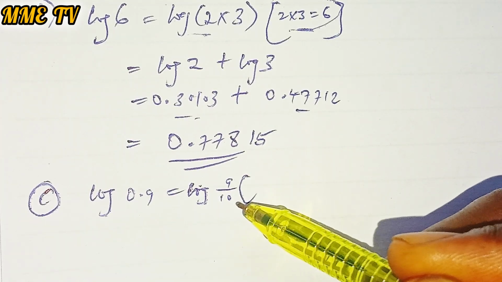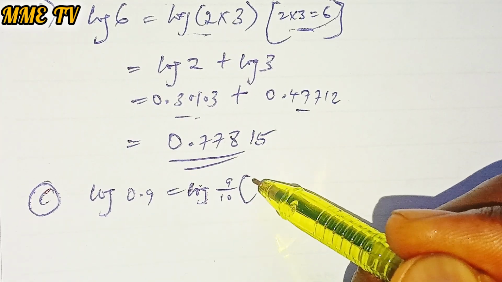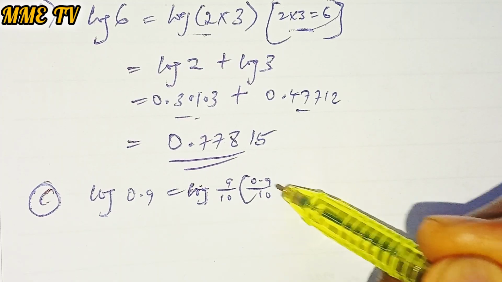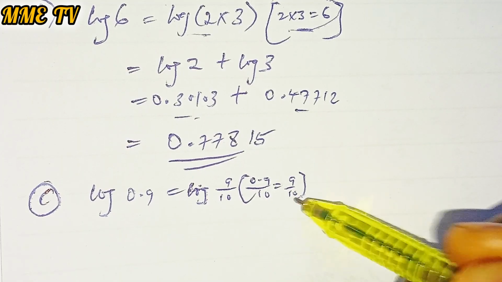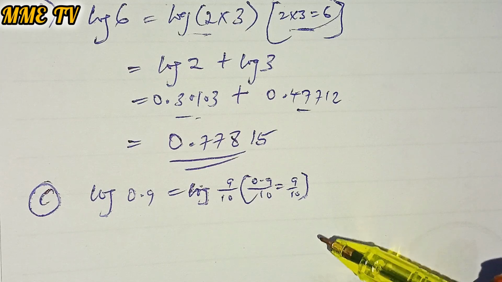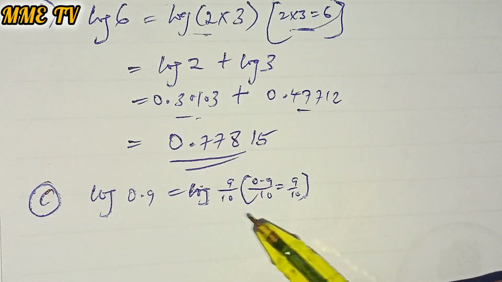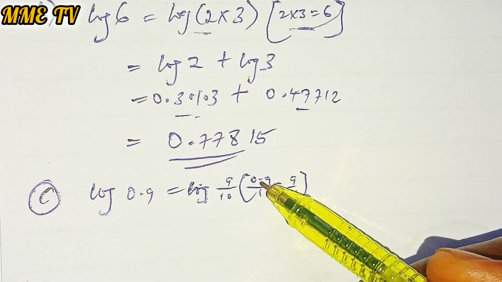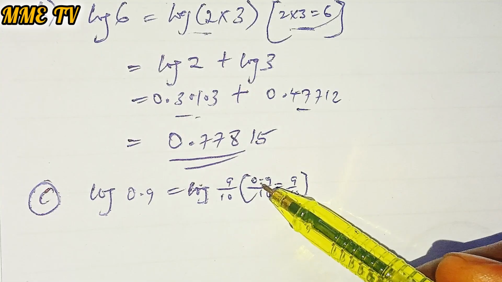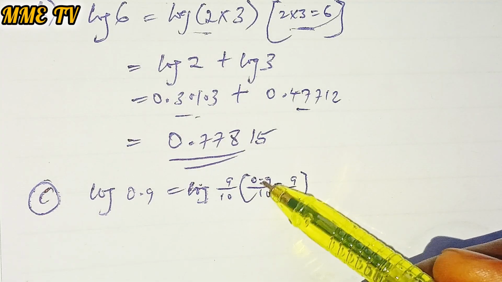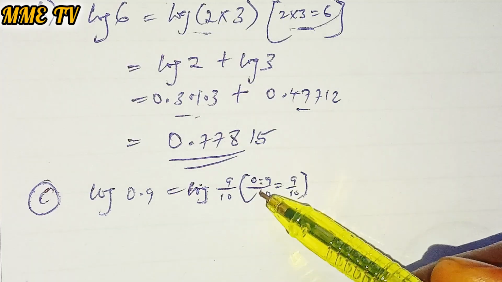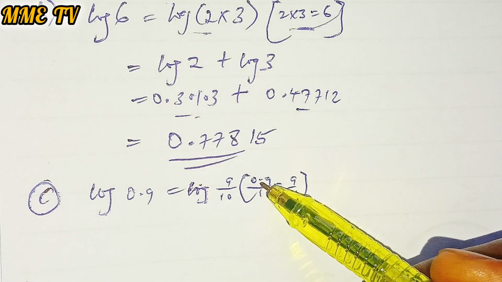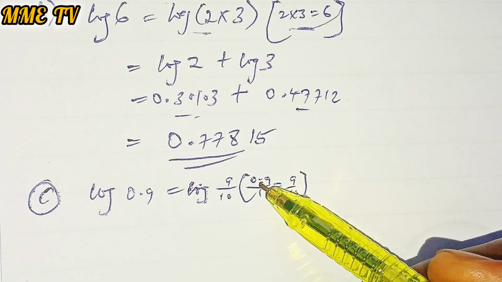How do we actualize this? Remember that 0.9 is the same thing as saying 9 over 10, just like I did above with the other ones. When you see this decimal point, your counting of numbers will start from that place where you see the decimal point.